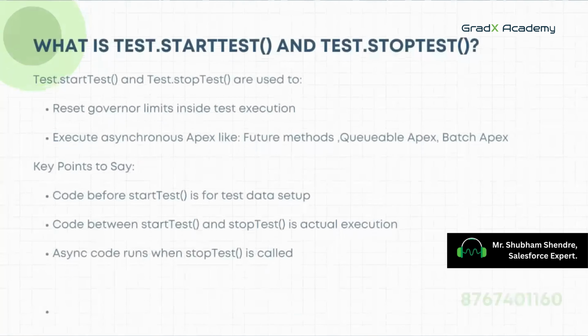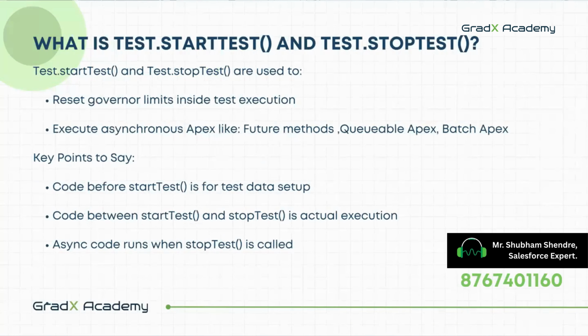Next is, what are Test.startTest and Test.stopTest? Now, this is a very important question, guys. If the interviewer is experienced, he will be asking about this only. What is Test.startTest and Test.stopTest? Test.startTest and Test.stopTest are used to reset the governor limits inside the test execution.